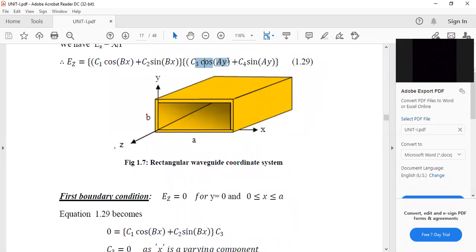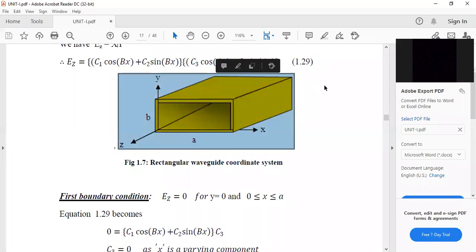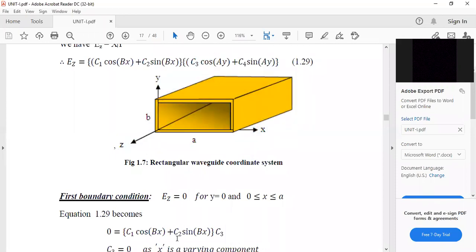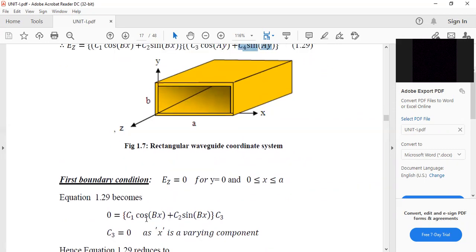Sin 0 is 0, so that term is 0. Now we have only c3. So 0 is equal to c1 cos bx plus c2 sin bx into c3.